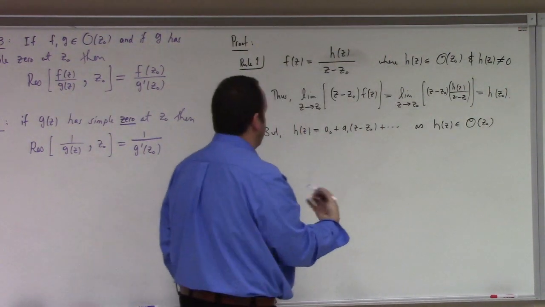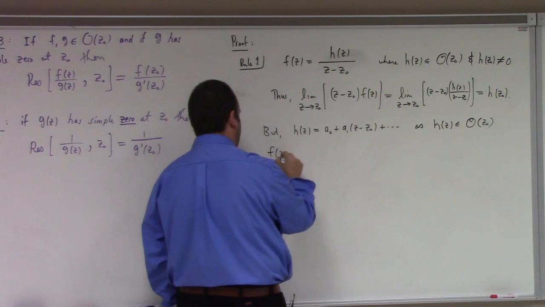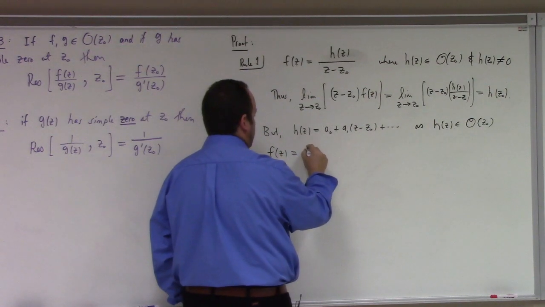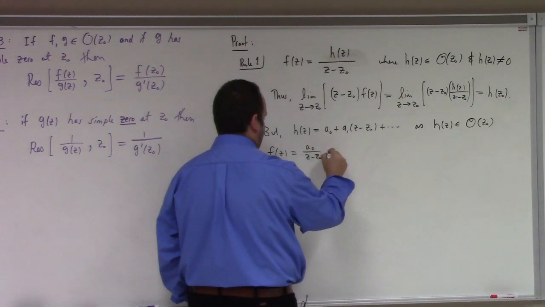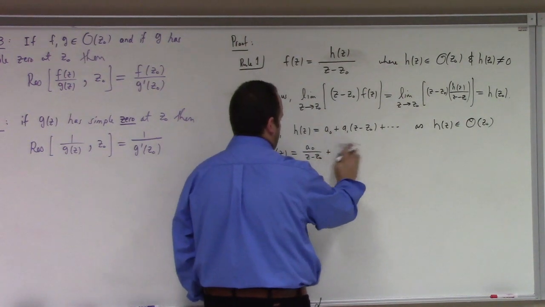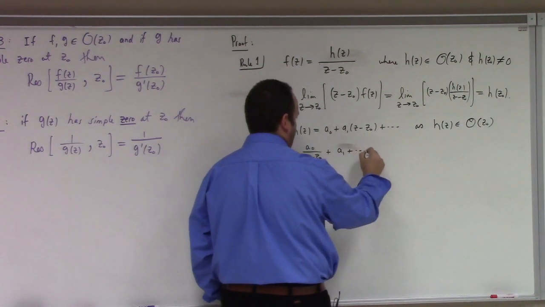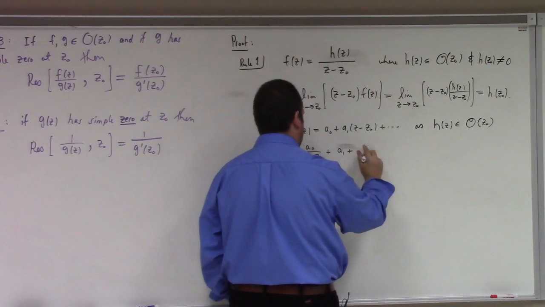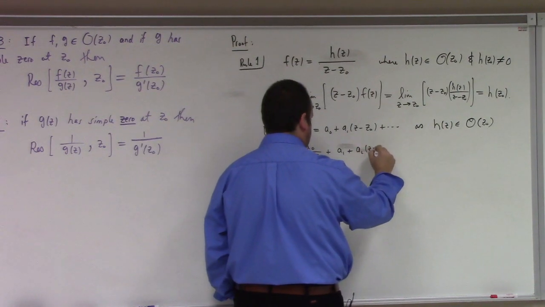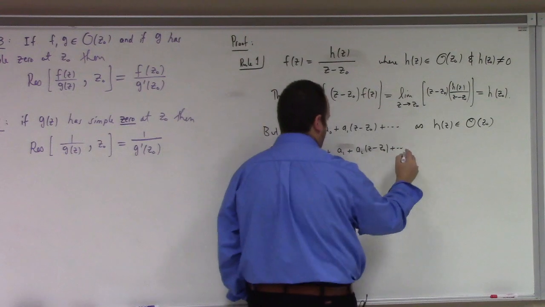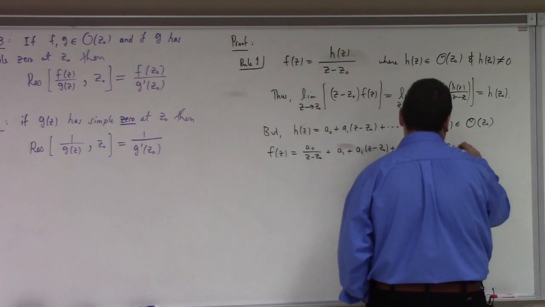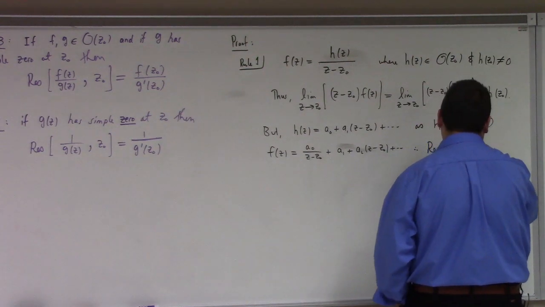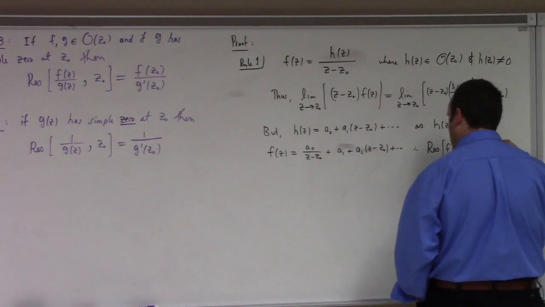So what's that say? That says that f of z is equal to a0 over z minus z naught plus a1, plus a2 times z minus z naught and so forth, right? Therefore, the residue of f of z by direct computation is a sub 0, right?